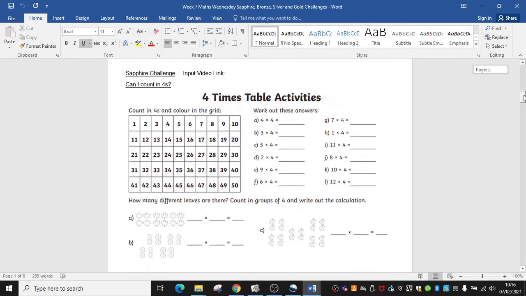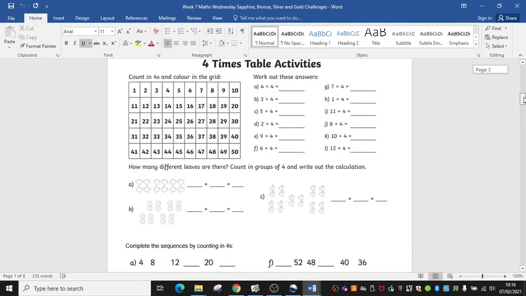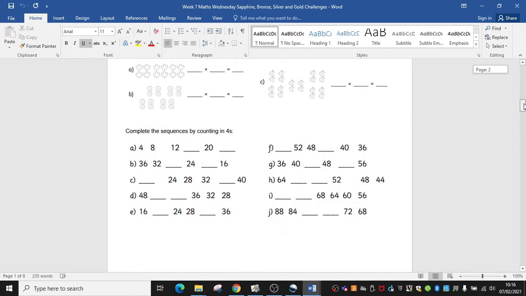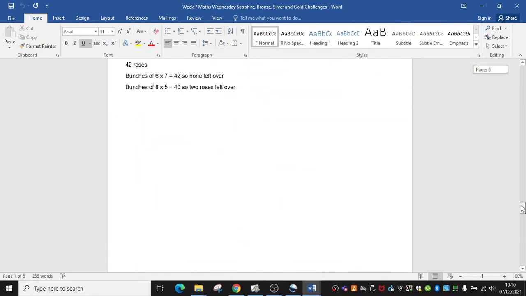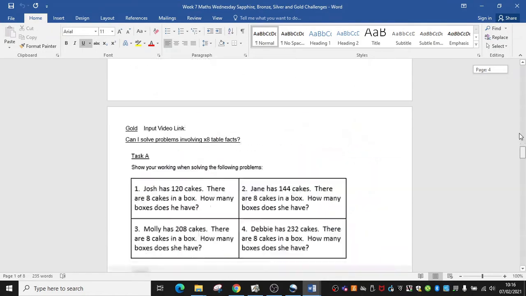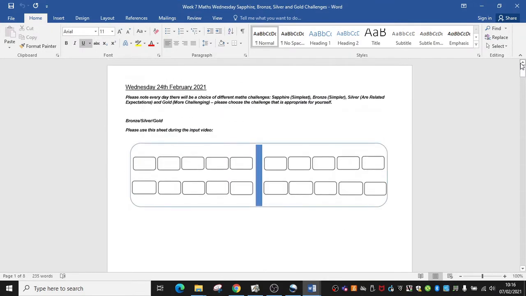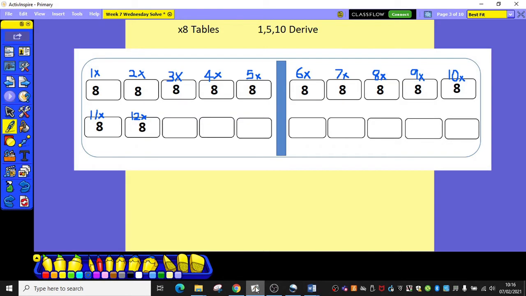You're going to be working on the 4 times table today, and there are some sequences going up in 4s, and if you scroll to the very bottom, then there are some answers to that part of the challenge. For everybody else, we're going to be focusing on the 8 times table today. So, I'd like you to pause the video and set up your multiplicand board similar to how mine is on the screen.